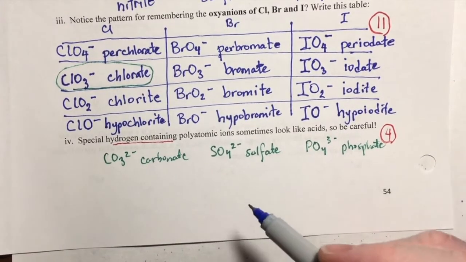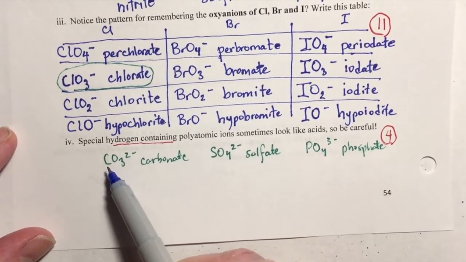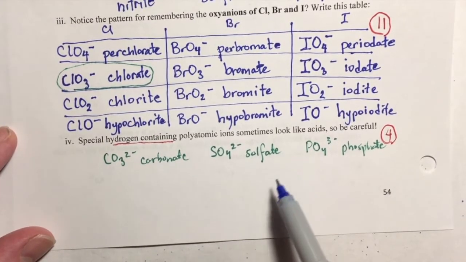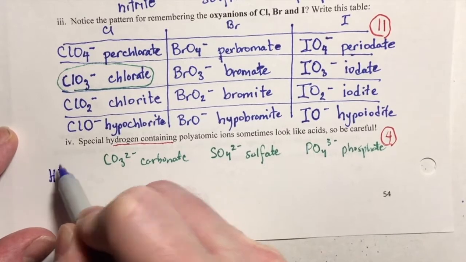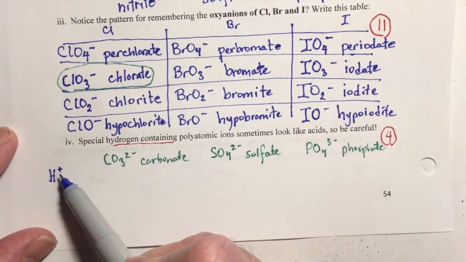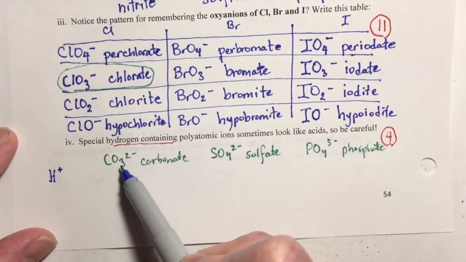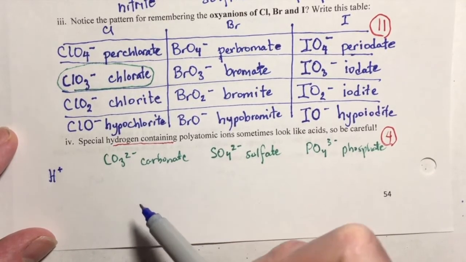So basically what's going to happen is we are going to add a hydrogen to each of these formulas, and the hydrogen is going to come along as an H+, and when that hydrogen is added to this formula, it will add a positive charge to the charge on the ion, and therefore that -2 in this case will drop down to just a -1.